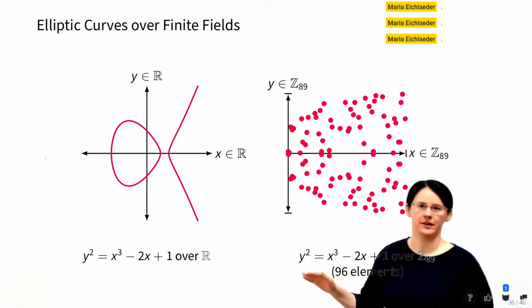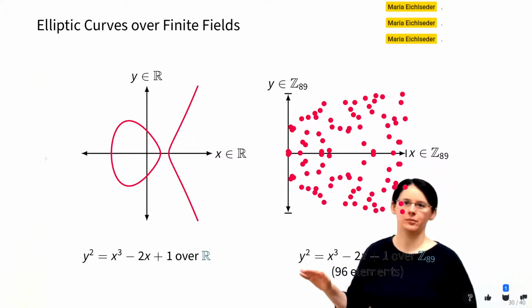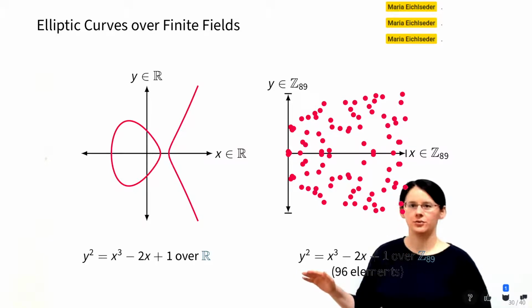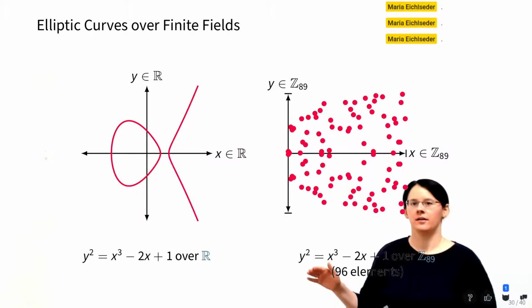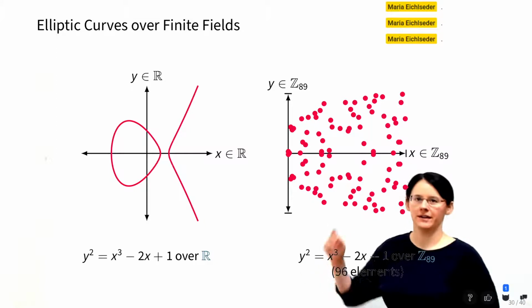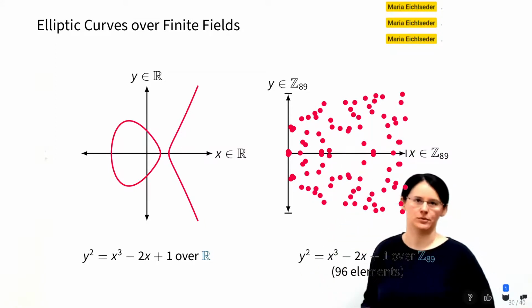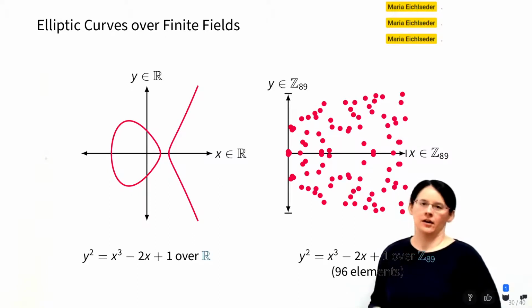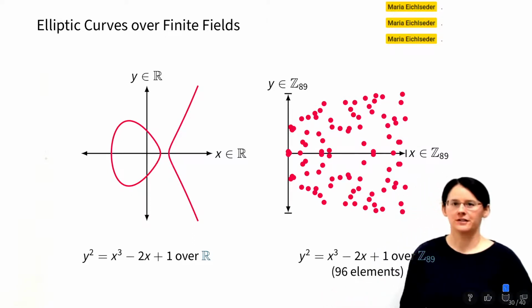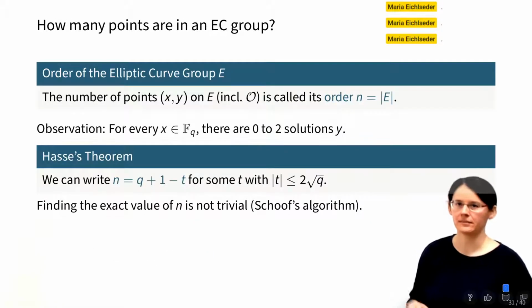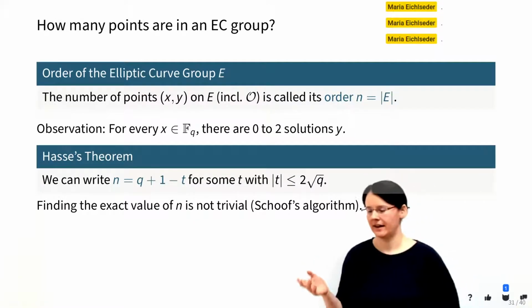Now this is a quadratic equation, meaning there is anywhere between 0 and 2 solutions for this. Most often 0 or 2. In some cases, when y squared equals 0, we have exactly one solution.